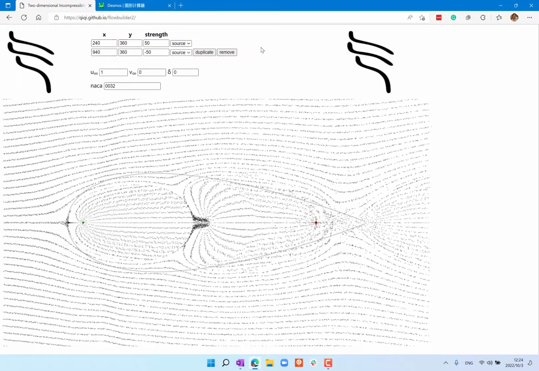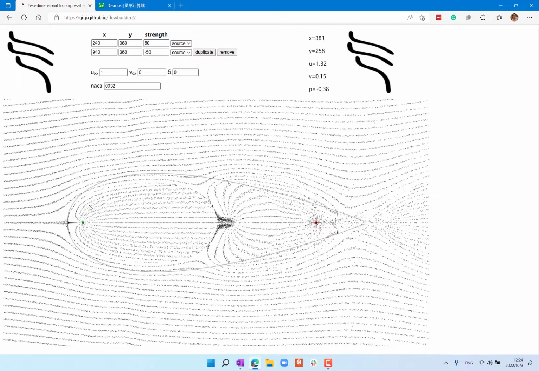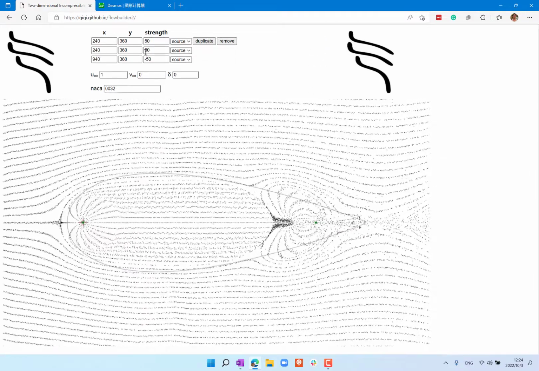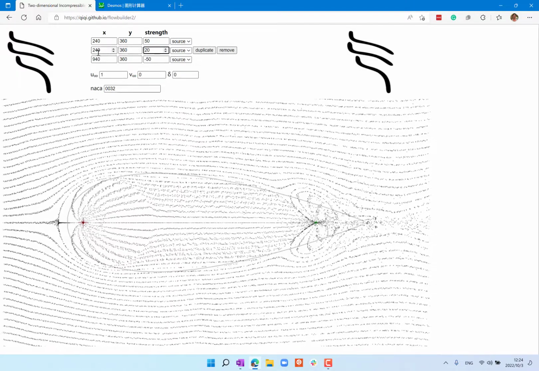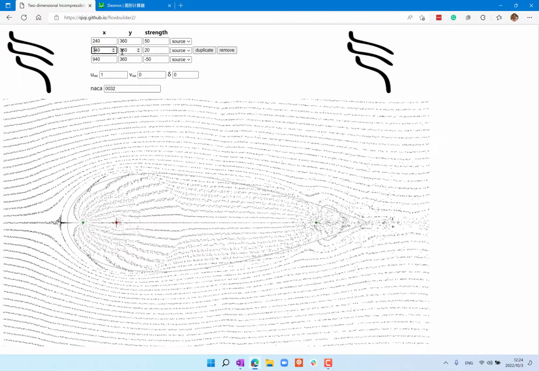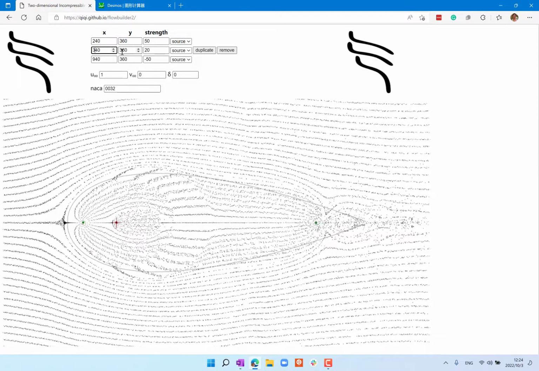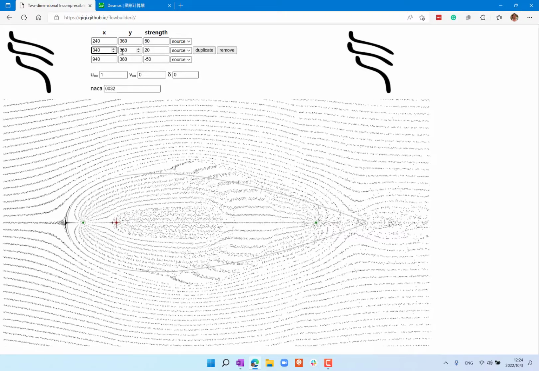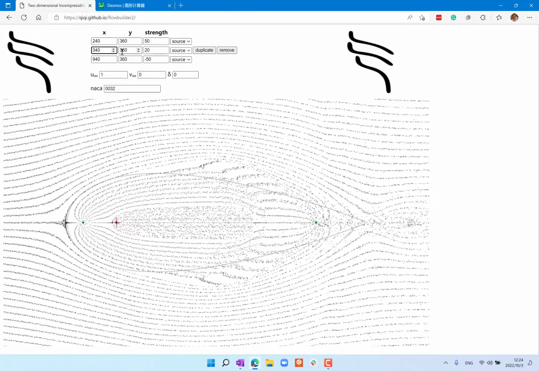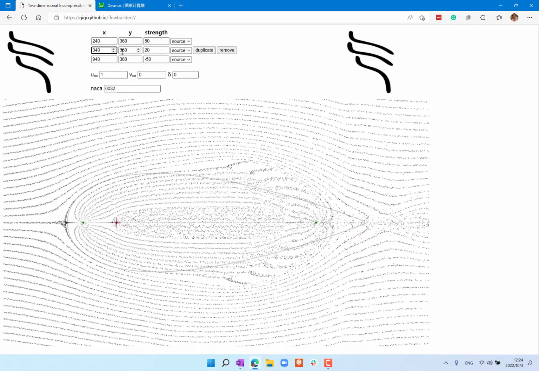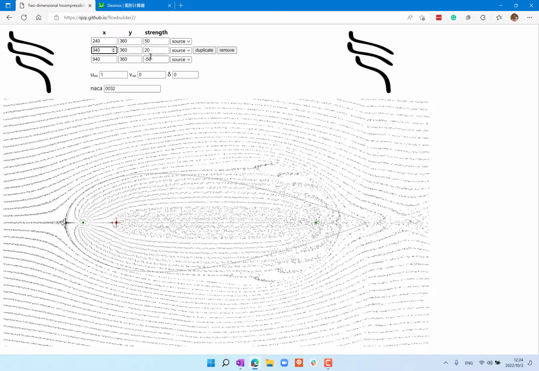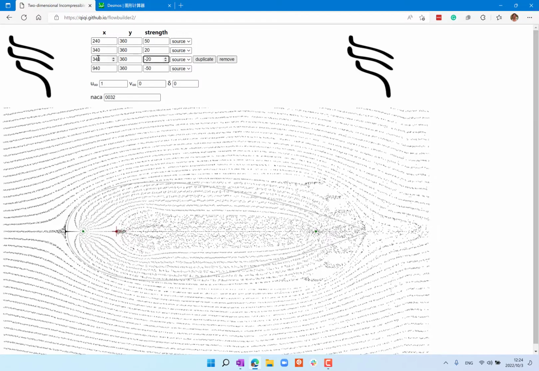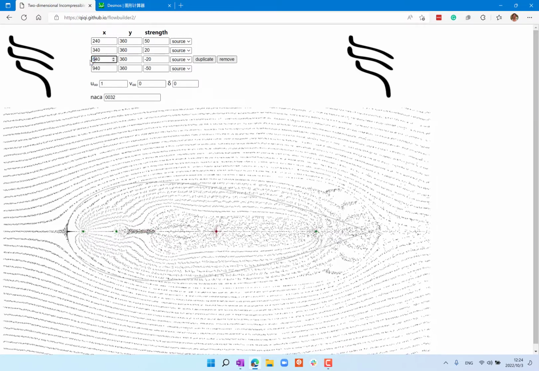And then you're going to see that the shape doesn't really match. So we probably want to duplicate another source at some point, maybe downstream over here. That I think should have the contour of the airfoil at least near the leading edge matched pretty well, right? But then, of course, we want to duplicate and make a sink someplace later.